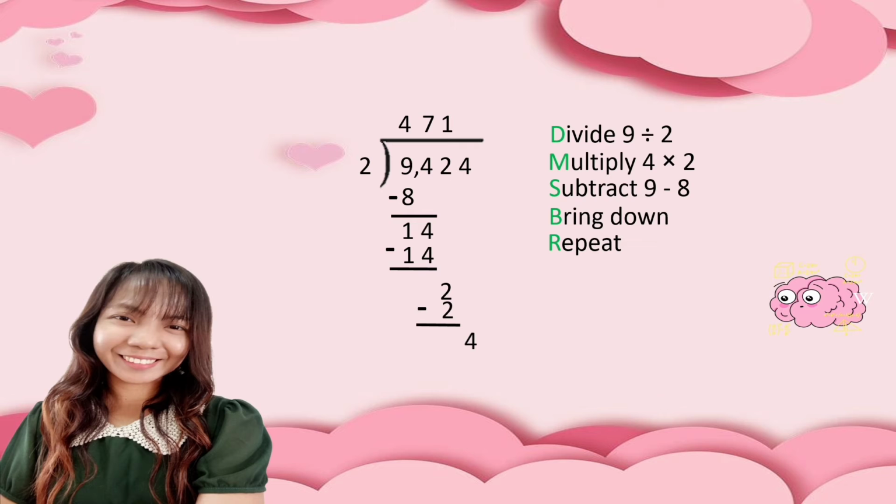And then bring down 4. So 4 divided by 2, 2. 2 times 2, 4. And then 4 minus 4, 0. So the answer is 4,712.